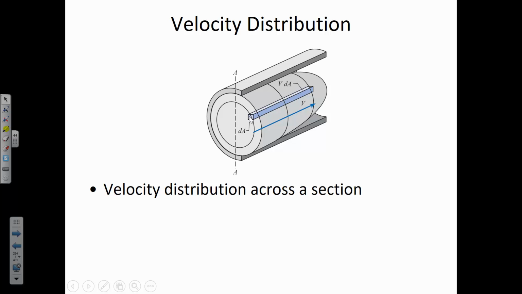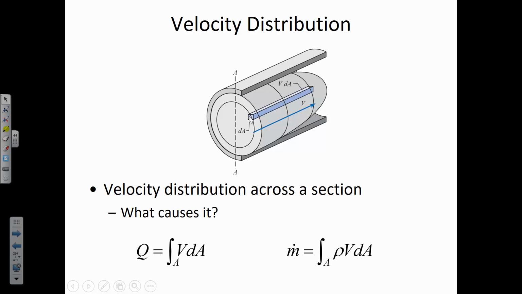If we follow a ring around, all of those velocities along the same ring are going to be the same. In the center, the velocity would be the highest, and it would be gradually decreasing as we get closer to the edge. But the idea is that we can integrate, multiplying the velocity over these differential areas over the entire cross-section, and find either the volumetric or the mass flow rate if we consider the density.